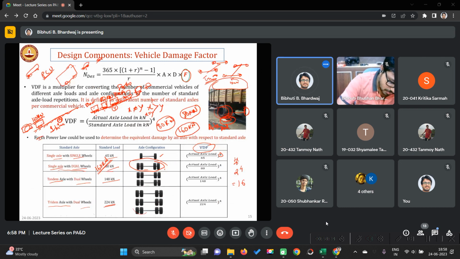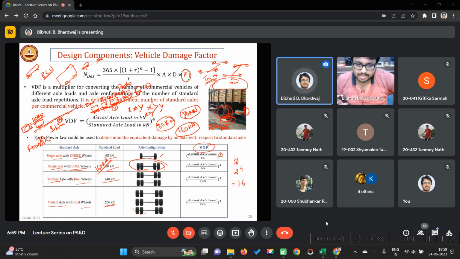What else can you understand from this fourth power damage formula? If some vehicle is overloading, that means you know the legal axle load is something, say 100 kilonewton for a single axle truck.